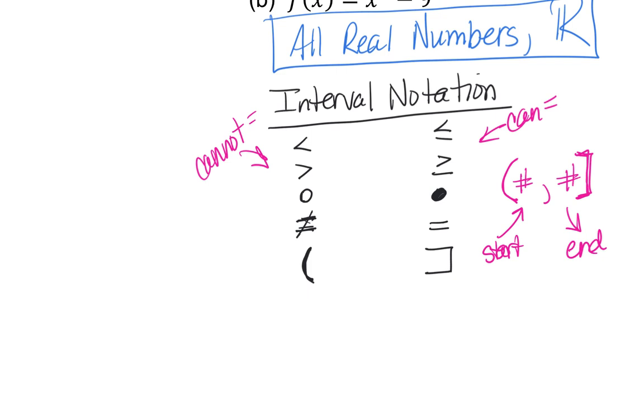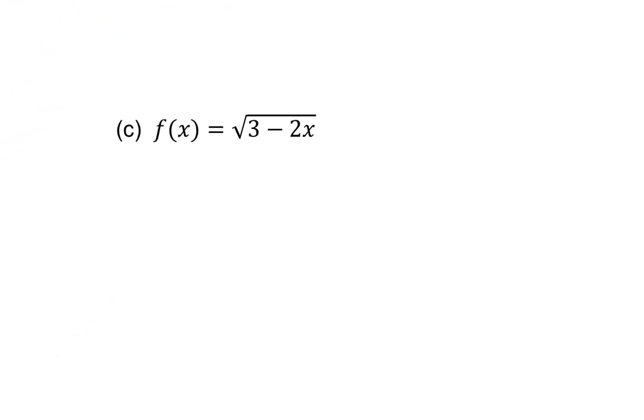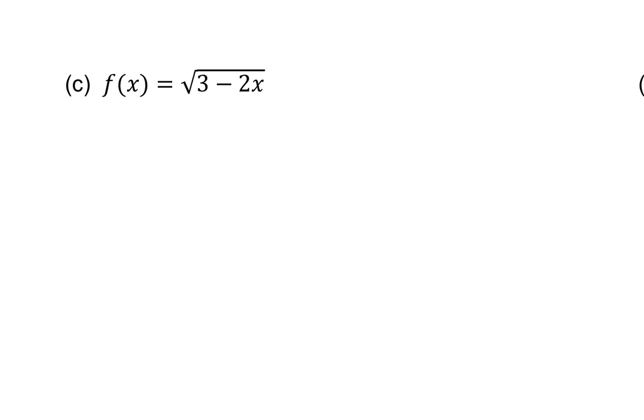All right, so let's look at C. So f of x, so this is the one where we have the square root of 3 minus 2x. So that means that this piece inside has to be greater or equal to 0, because it can't be negative because you can't take the square root of a negative. So we need to find out what number it cannot be. Does that make sense?